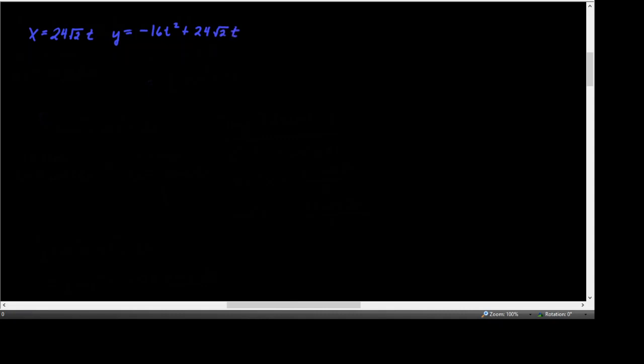Okay, and so these of course give us a position of the projectile at any time that we want. Now we know that the object is initially projected at an angle of 45 degrees.